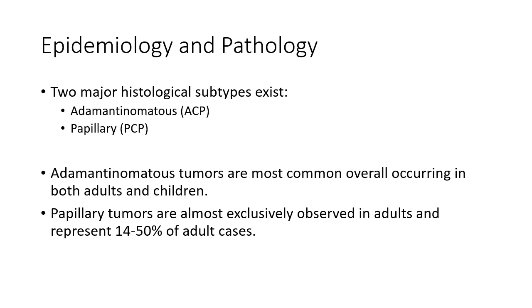Two major histological subtypes exist: the adamantinomatous and the papillary subtypes. Adamantinomatous tumors are most common overall, seen in both adults and children, while papillary tumors are almost exclusively observed in adults and represent 14 to 50% of adult cases.